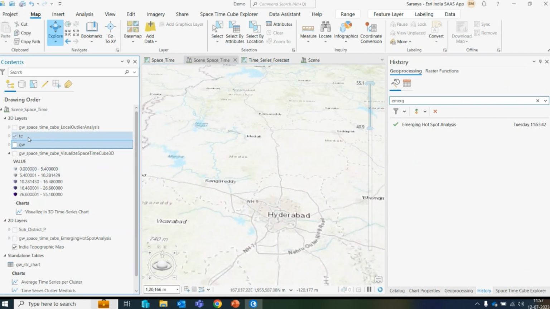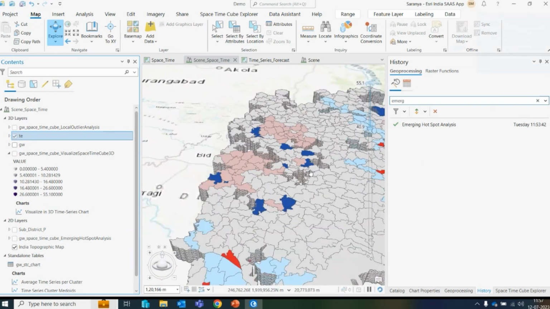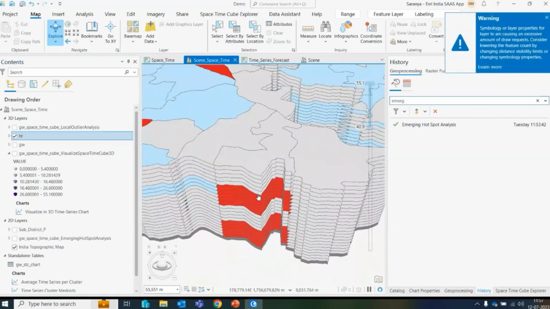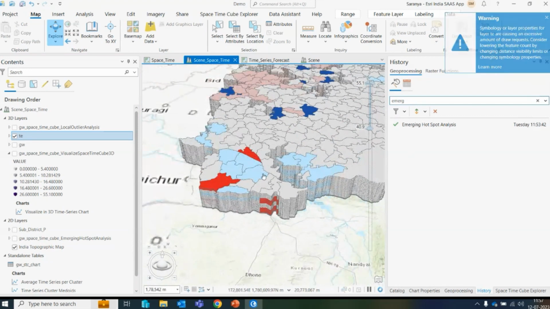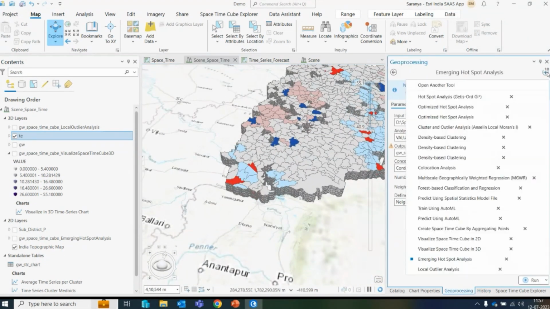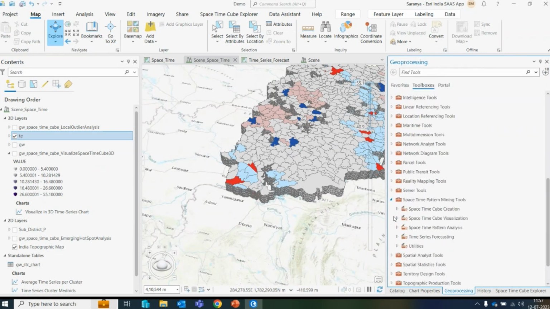If I change it to the local outlier analysis, I can actually see that these are the outliers, and you can see whether it was an outlier in time or space. So these types of analysis can be done. In addition to this, space-time pattern mining also has tools for forecasting of values.